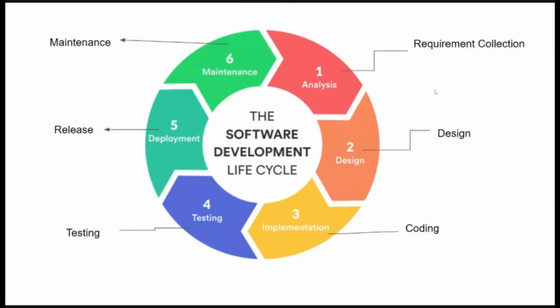We collect the requirements, then we go for design. After designing is done, we go for coding. When coding is done, we do testing. When we are done with testing, we deploy to the release team.